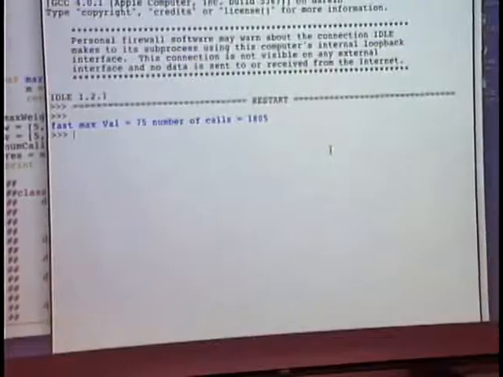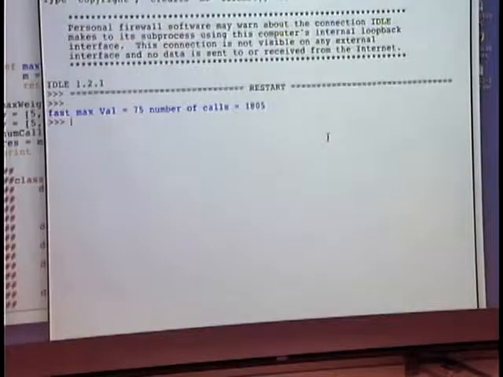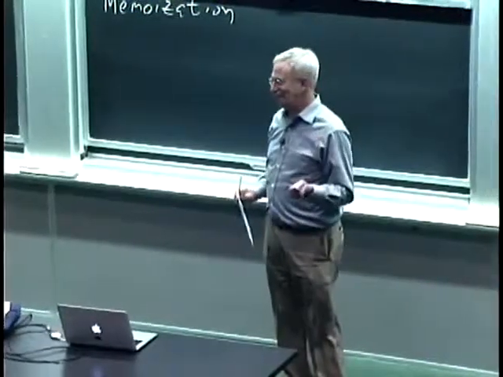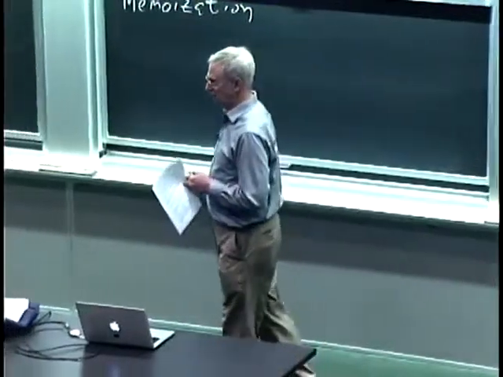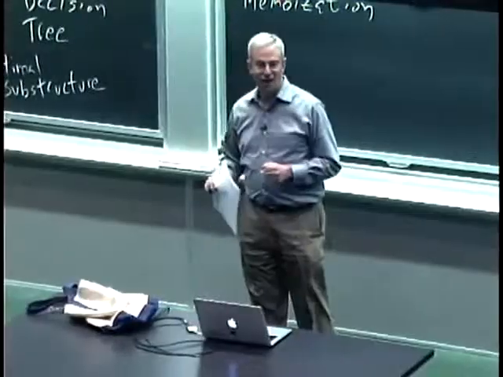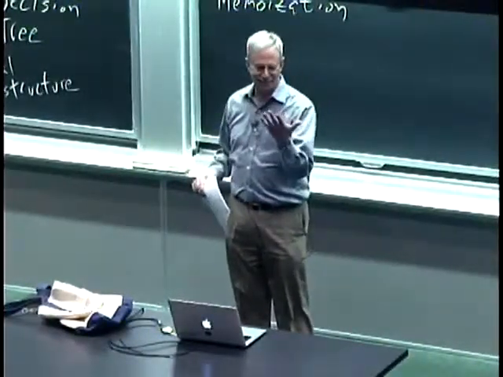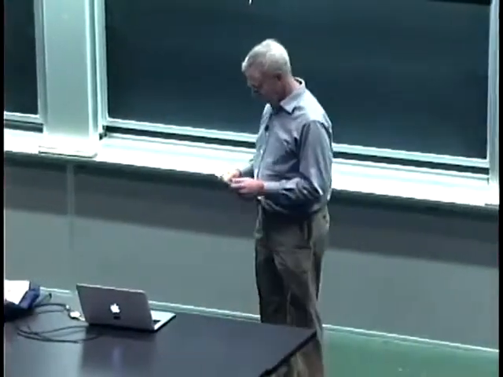Now, I got really excited about this because, to me, it's really amazing that we've taken a problem that is apparently exponential and solved it like that. And in fact, I could double the size of the items to choose from, and it would still run like that. I'm not very good at snapping my fingers. It would still run quickly.